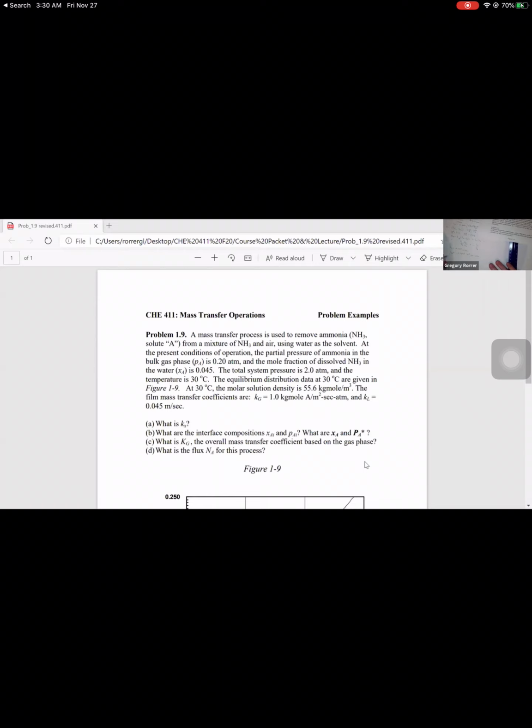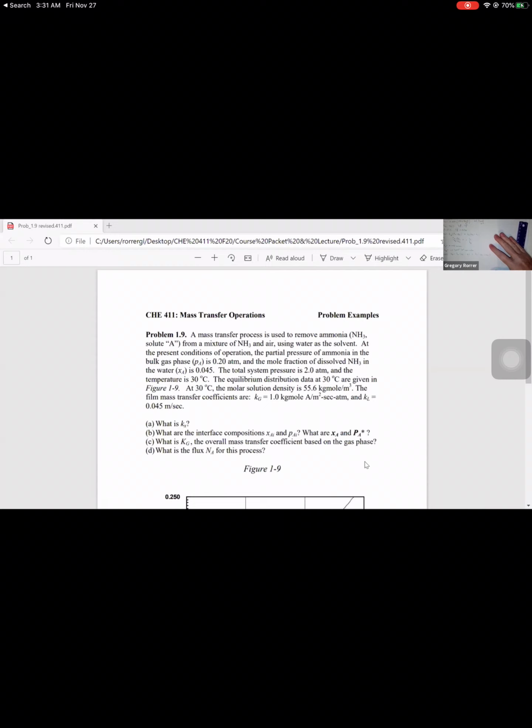But if we recall, NA is equal to a little kx times (xAI minus xA), which is going to equal to the little kL times (CALI minus CAL).